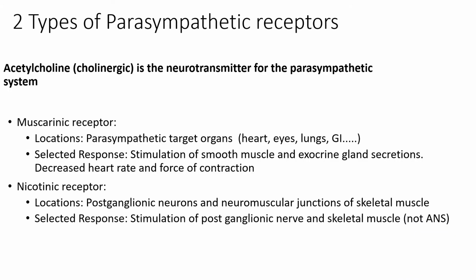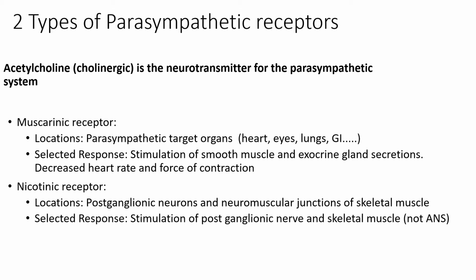Okay, so just a reminder here, those two different receptors we spoke about. Acetylcholine is the main neurotransmitter of the parasympathetic system. So if you're asked a question, what neurotransmitter does the parasympathetic system use? Acetylcholine.